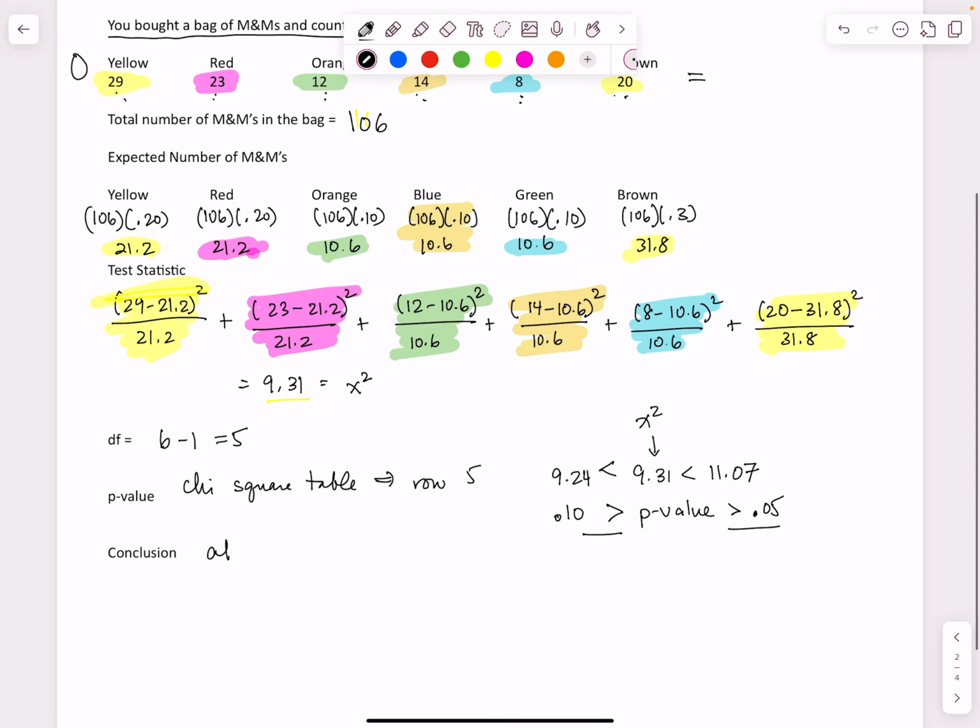So at the 5% significance level, the results are not significant. So we're going to fail to reject the null.